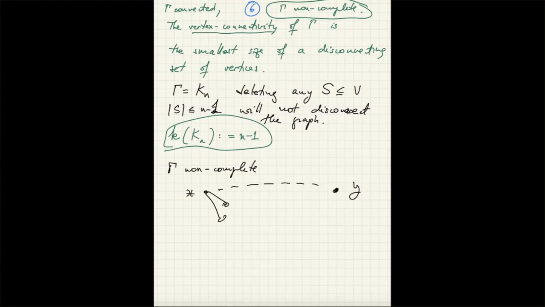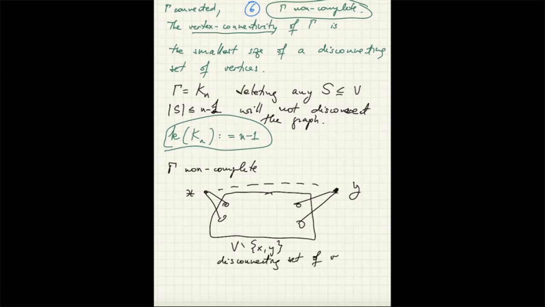Then it's easy to see that the subset of vertices V minus {x, y} is a disconnecting set, because it separates x from y.